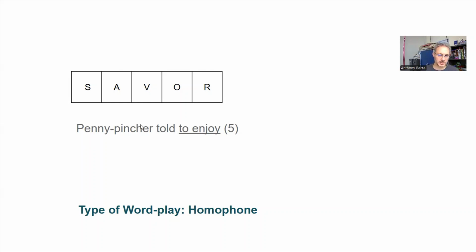And a penny pincher is a saver, somebody who saves his pennies, spelled differently, but sounding exactly the same as our answer, savor. So this is how a homophone clue could work. Penny pincher could be rephrased as saver, and saver is something that sounds exactly like our answer, which matches the definition to enjoy.